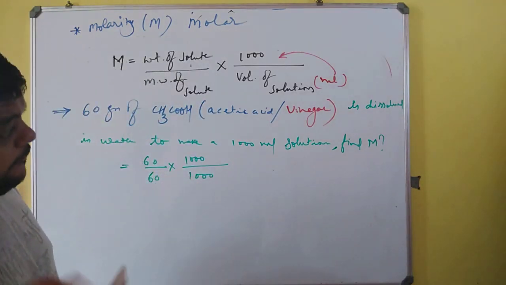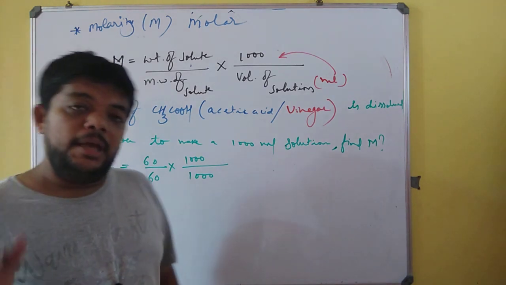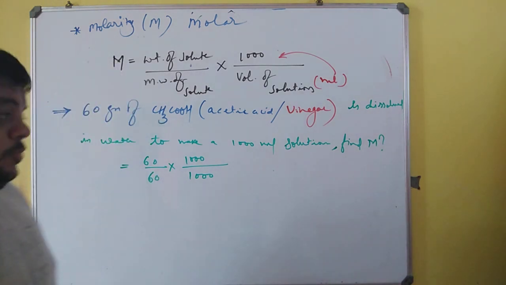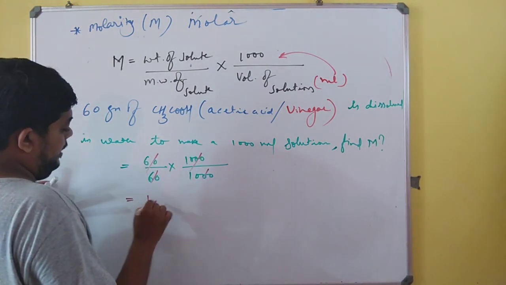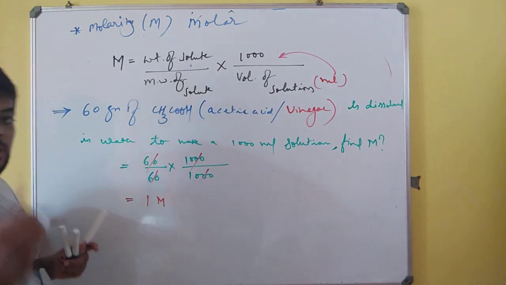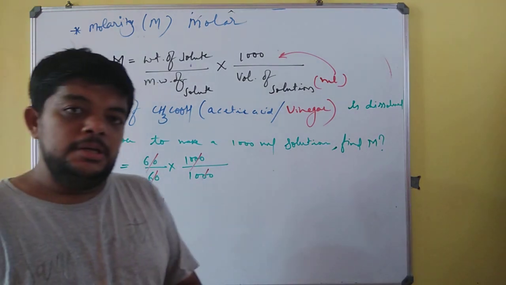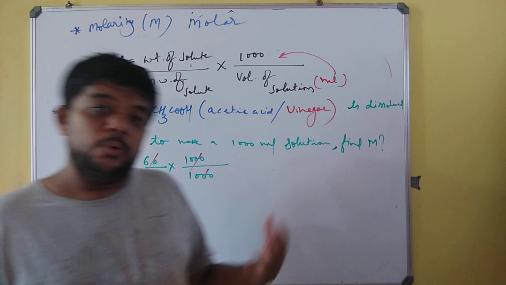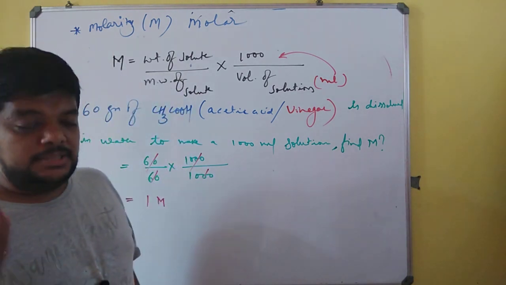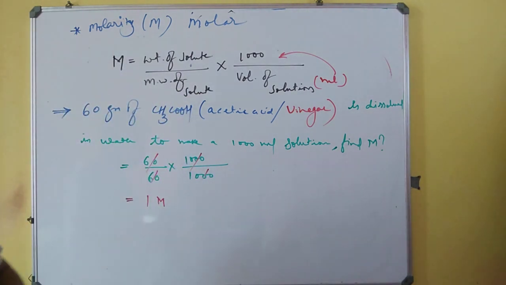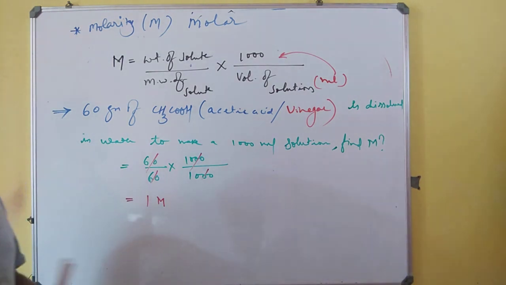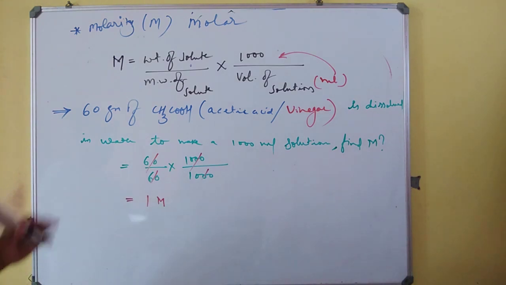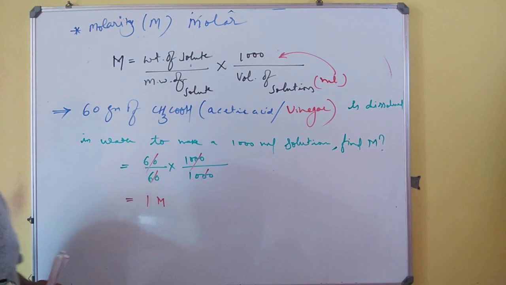As of now I am taking ml, so I have to write 1000 on the top. When I solve this simple concept, I end up with 1 molar. Sometimes these concepts look very simple, but such simple concepts have a huge role to play practically as well as in competitive exams. So this was how we could solve a very simple problem on molarity.